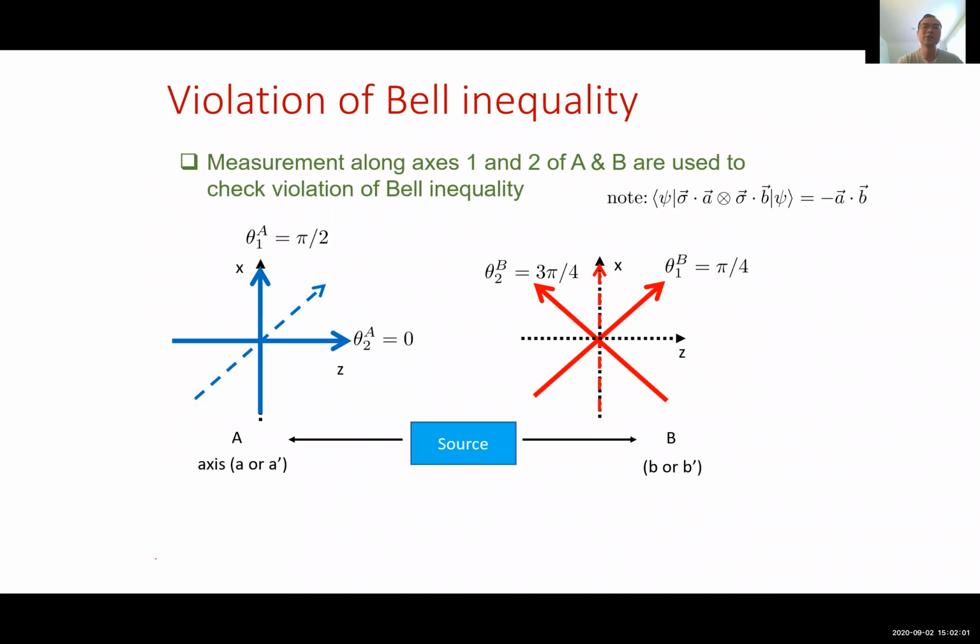This is the measurement setting on the A side. You have two settings. I'm denoting this as the x-axis and this as the z-axis, measuring the angle like this. The first choice is pi over 2, the second choice is 0. And for B, the first choice is pi over 4, the second is 3 pi over 4.